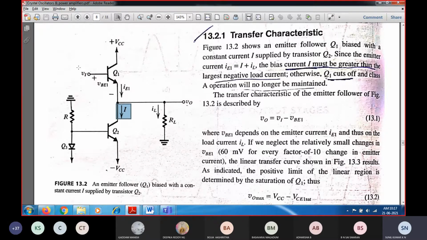So even during the negative cycle, when Q1 is off, Q2 delivers a constant current, and the output voltage V0 will be equal to I into RL. Because of that, you will get the output during the negative cycle as well.